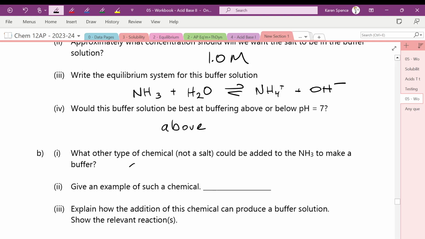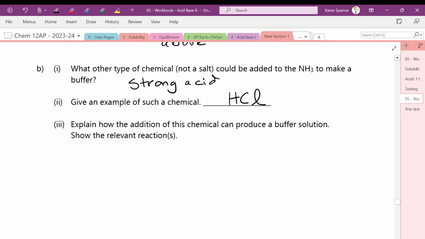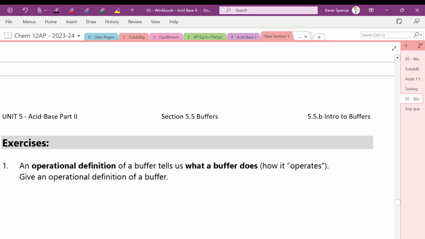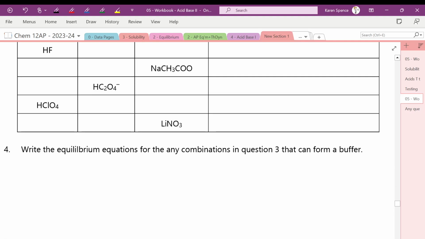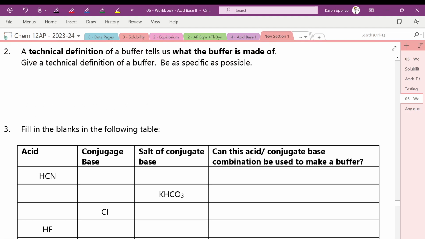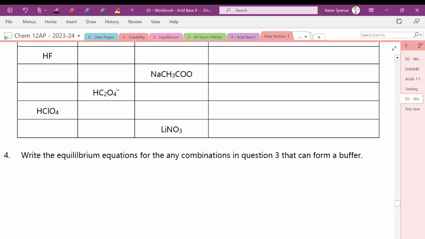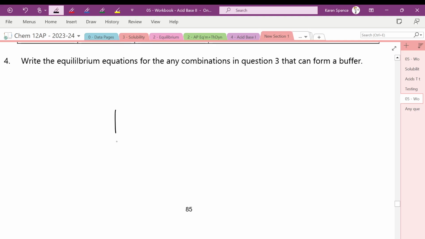A strong acid. Give an example of such a chemical. HCl. And I will leave you on your own to explain how the addition of this chemical can produce a buffer solution, showing the relevant reactions. Your homework: do numbers 1, 2, and 3 on page 85.